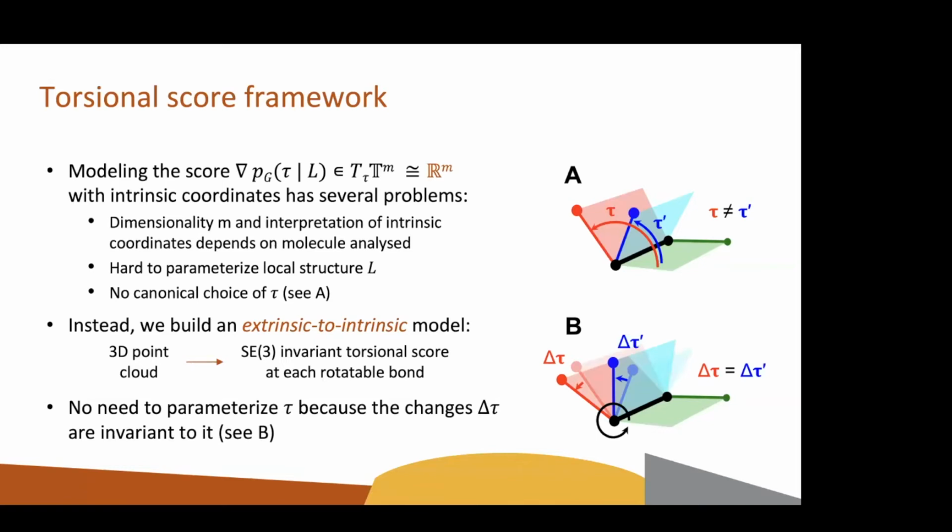The way this works is you have a scalar prediction at each bond in the 3D point cloud, which you can easily construct using well-developed equivariant point cloud-based networks, which we'll talk about briefly in a moment. And you just treat those M scalar outputs as the components of your torsional score on the torus, which is in the tangent space of the torus. So that's just R^m.